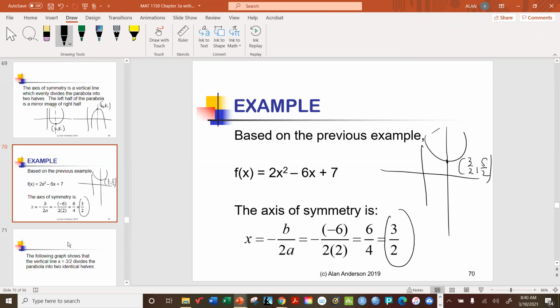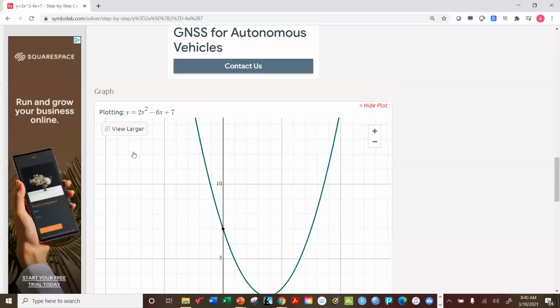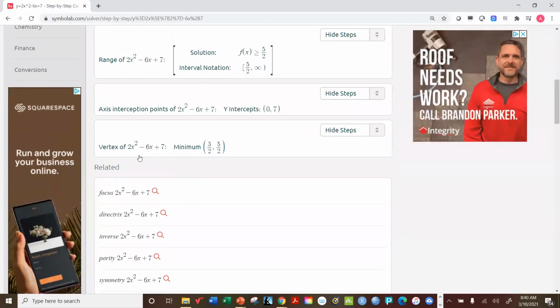And you can tell just by looking at it, the left-hand side and the right-hand side are mirror images of each other. Now, if you go to Symbolab, sometimes they present all this stuff for you, even without being asked for it. Let's go check this out for a second. See, it even says it right there.